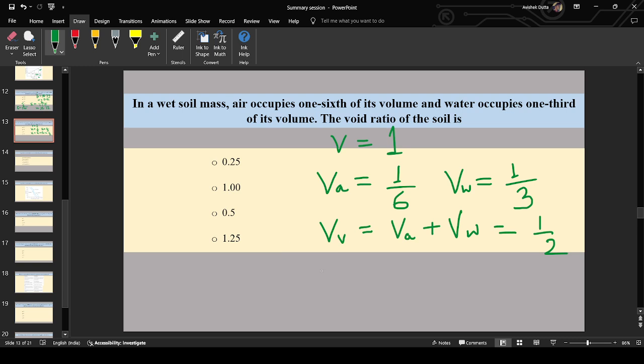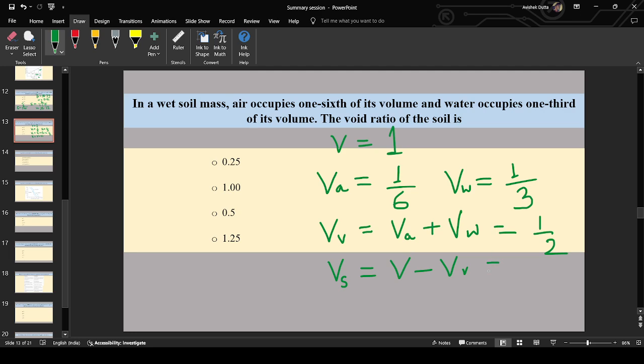Now the volume of soil solids. What is the volume of soil solids? A soil has solid particles and voids, isn't it? So the volume of soil solid will be equal to the total volume of the soil minus the volume of voids. If we subtract the volume of voids from the total volume, we get the volume of the soil solids, and that is equal to how much?